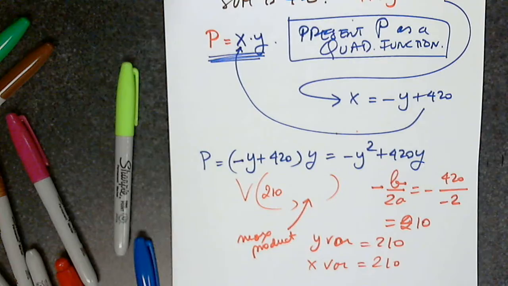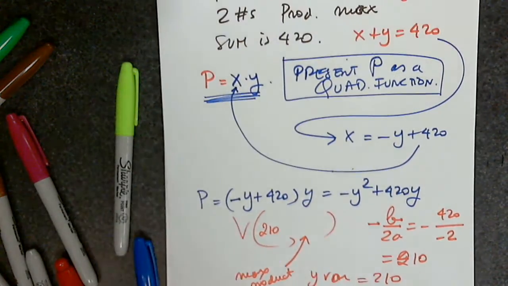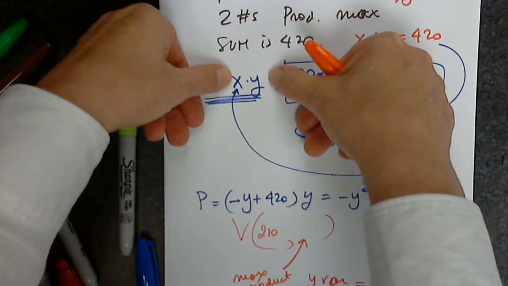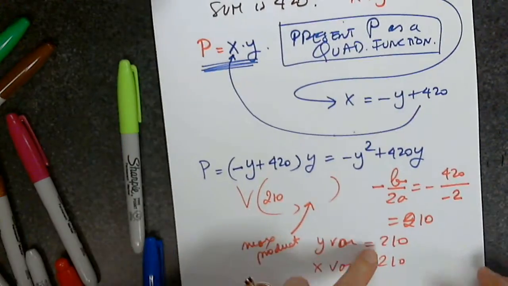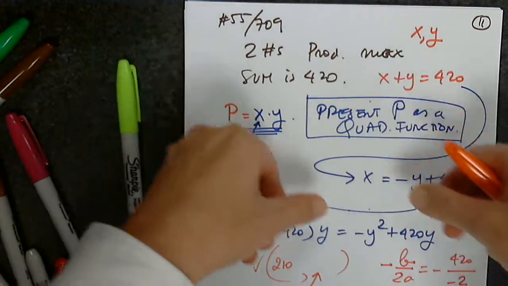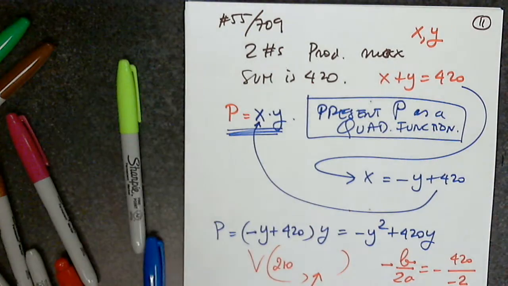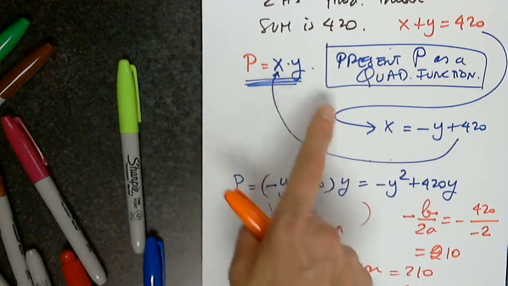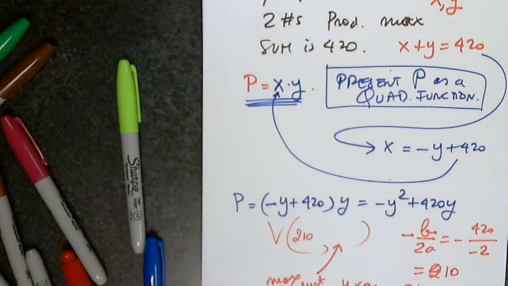Because our function, which function? This one. This function came from here. So once I have x and y, this product must equal this. That's how we got this, by using x times y and replacing x by this.